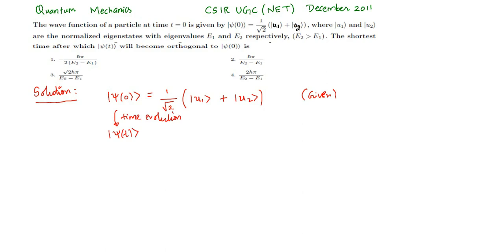Now what will happen here? It will become 1 by square root of 2, e power minus i E1 t by h bar u1 plus e power minus i E2 t by h bar u2.